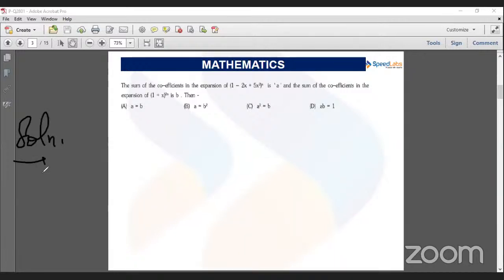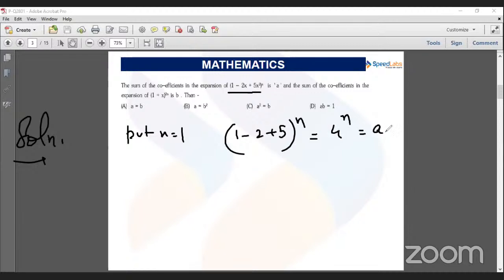The sum of the coefficients, again, see, the sum of the coefficients, not the binomial coefficients. The sum of the coefficients of the expansion of (1 - 2x + 5x square) power n is a, and the sum of the coefficients in the expansion of (1 + x) power 2n is b. So if it is talking about the sum of the coefficients, we will put x is equal to 1, so all the x will disappear and we will get just the sum of the coefficients directly. So put x is equal to 1, and we get (1 - 2 + 5) power n, which is 4 power n is equal to a.